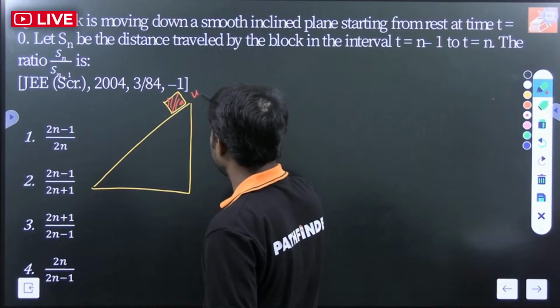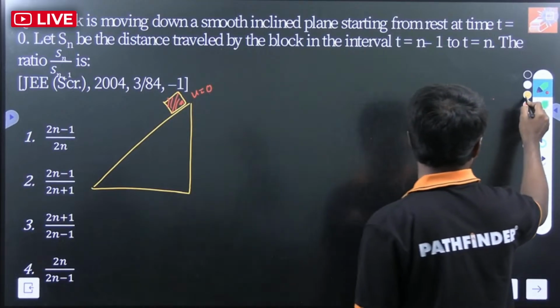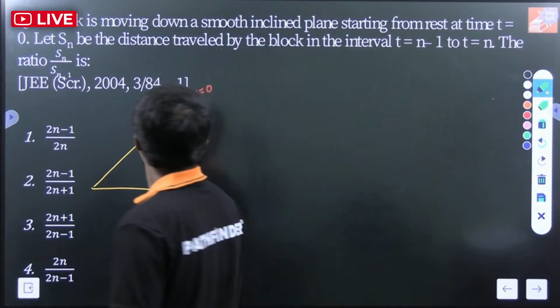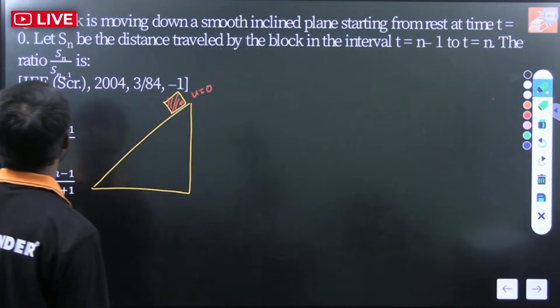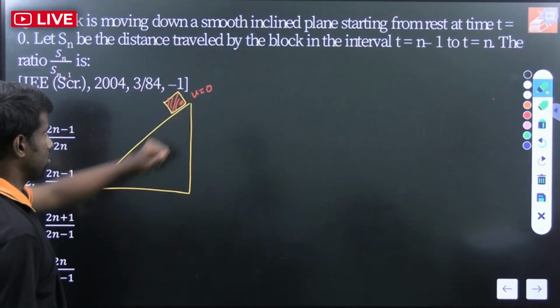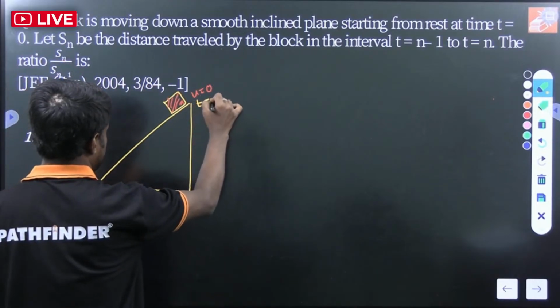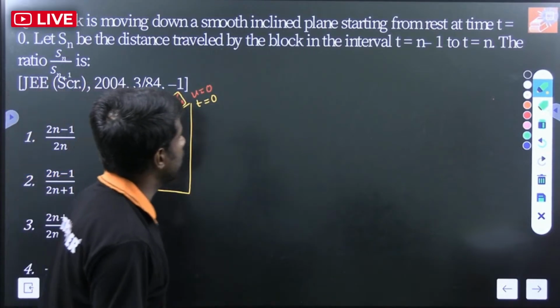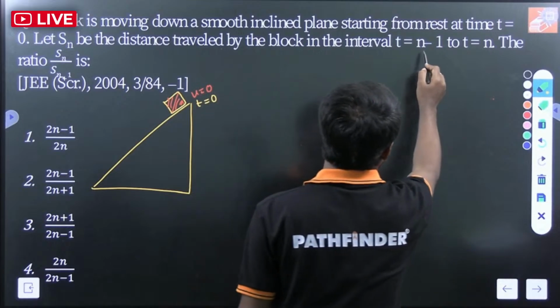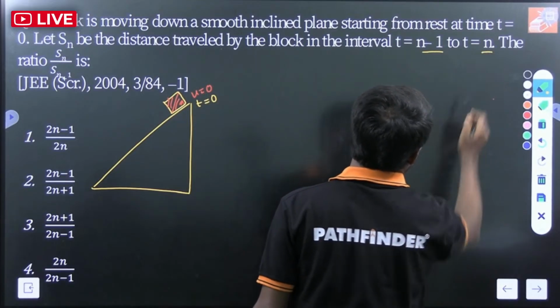It is starting from rest, meaning u equal to 0, at time t equal to 0. That means when t equal to 0, it started. And Sn is the distance traveled by the block in the interval t equal to n minus 1 to t equal to n.